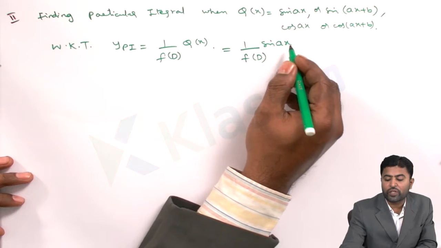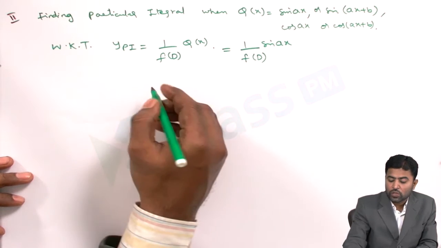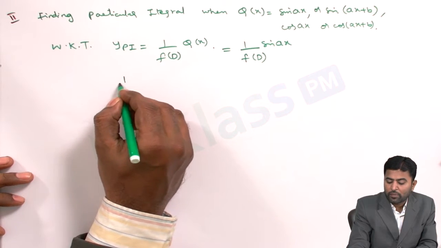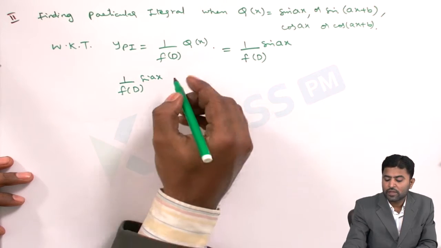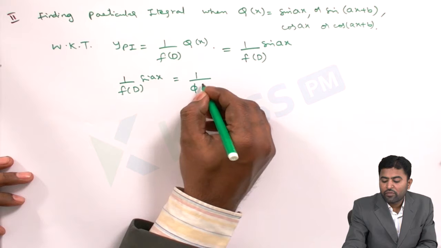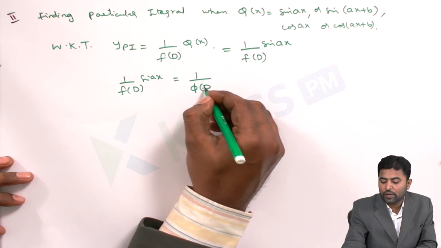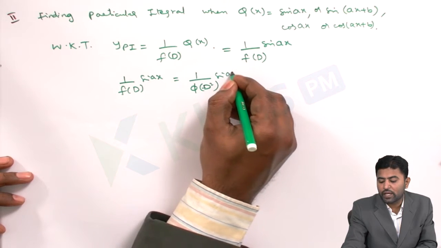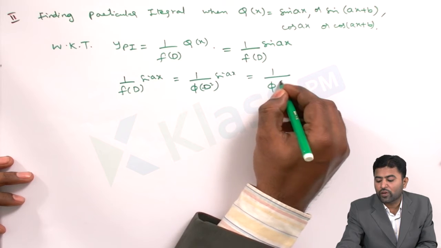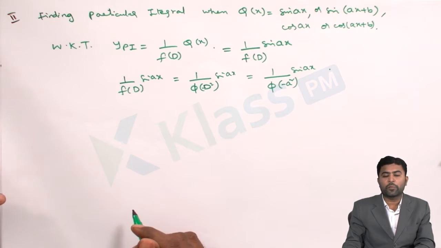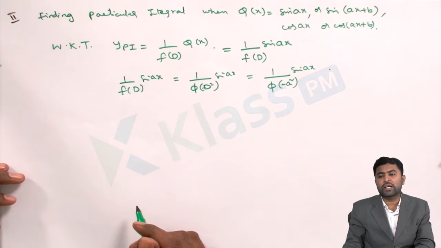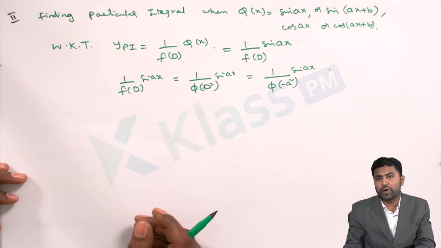So 1 by f of D sin ax can be written as 1 by phi of D square sin ax, which is equal to 1 by phi of minus a square sin ax. For finding the particular integral, we have to select only the terms which are in terms of D square.